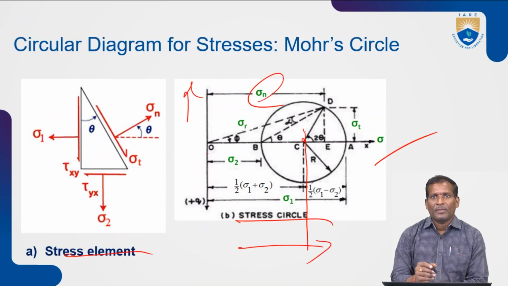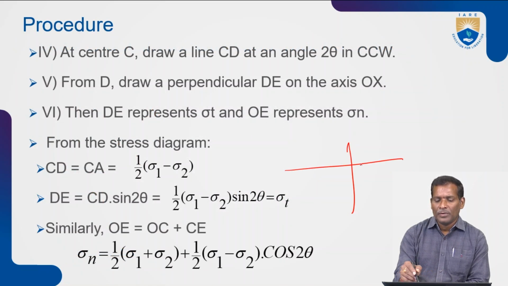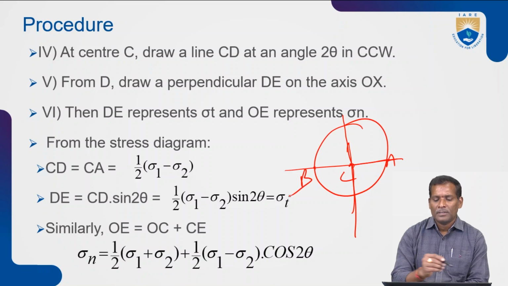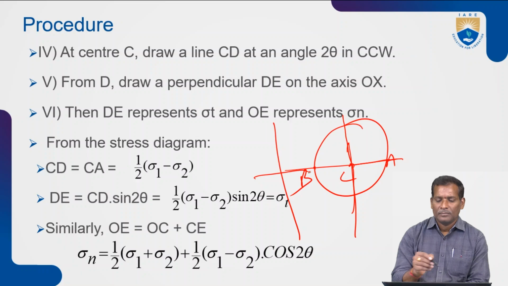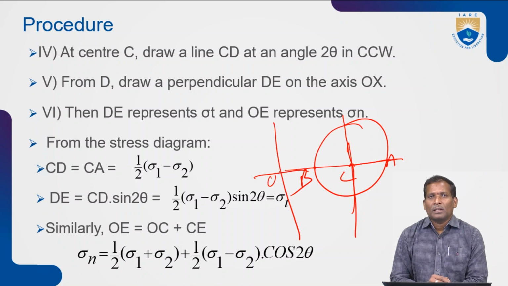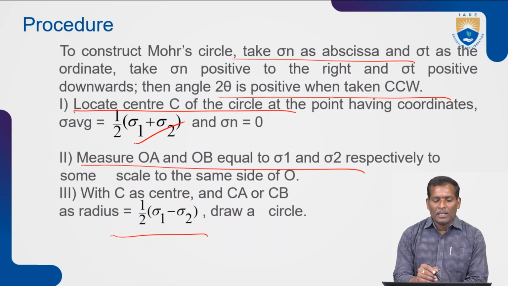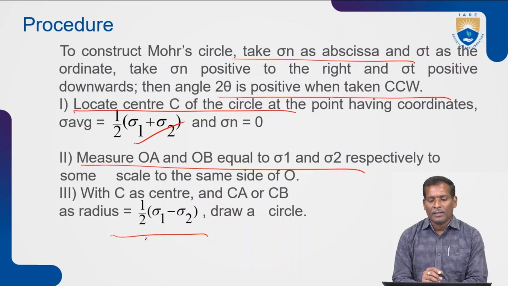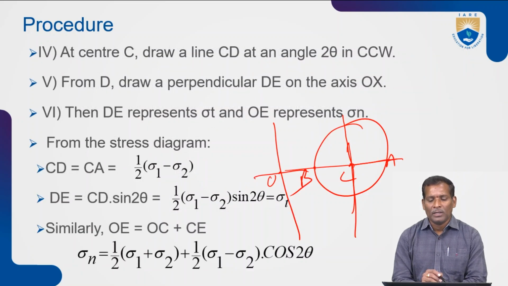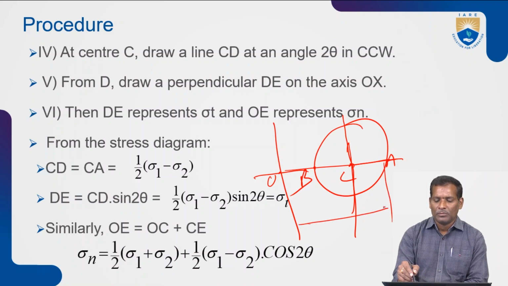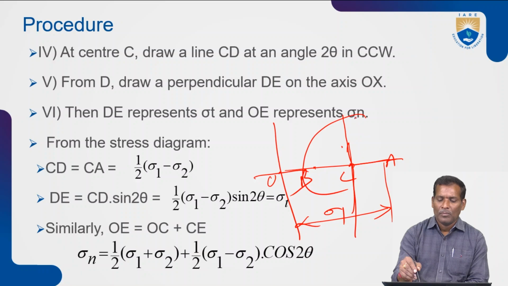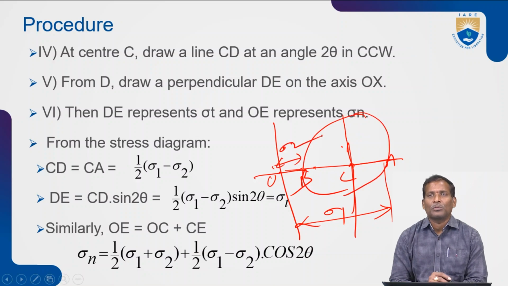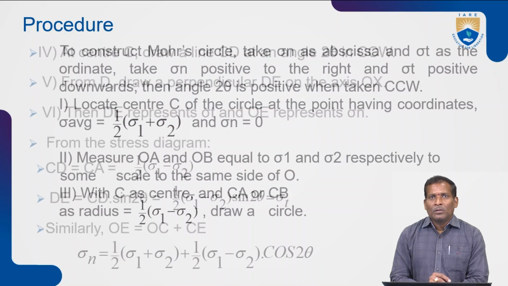With C as center, draw a circle through A and B. Here from O to A is sigma 1, and O to B is sigma 2. So now draw the circle.